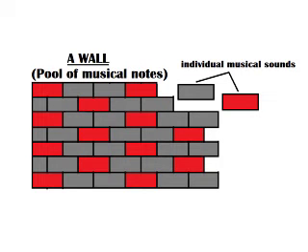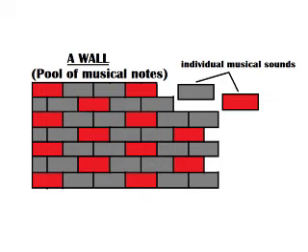It's just like if you have a building, a wall, for instance, that wall is made up of different blocks put together. Those blocks are like individual notes, individual sounds, which if you put together, you form your wall.